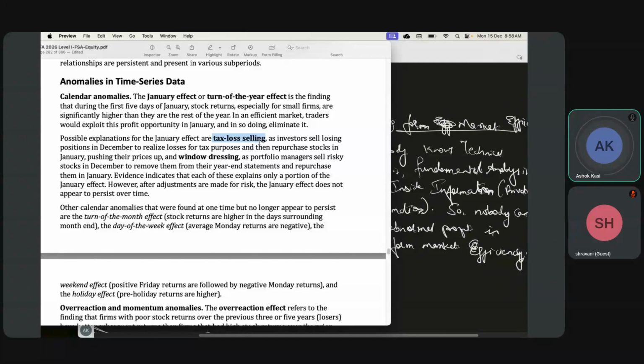Then window dressing means it is basically manipulation of the balance sheet and income statement. You will over exaggerate the data. That is window dressing. Because of all these reasons, the market or the stock may not be in its original form.